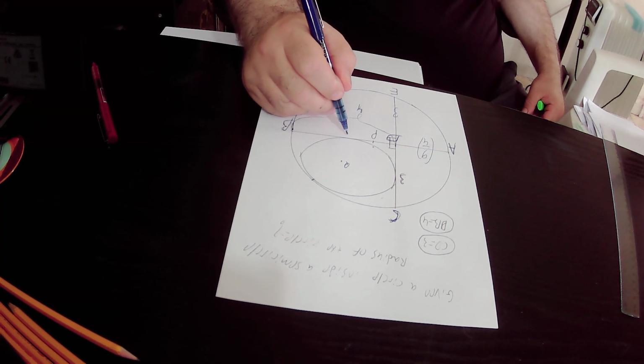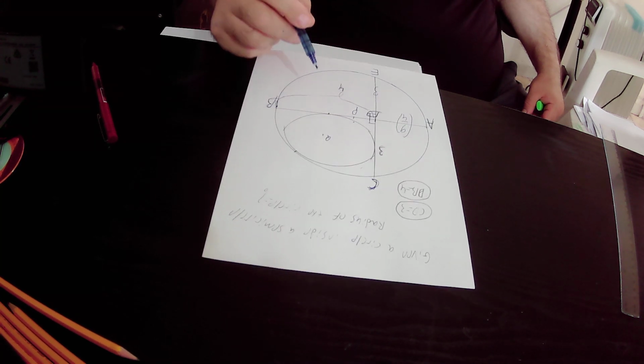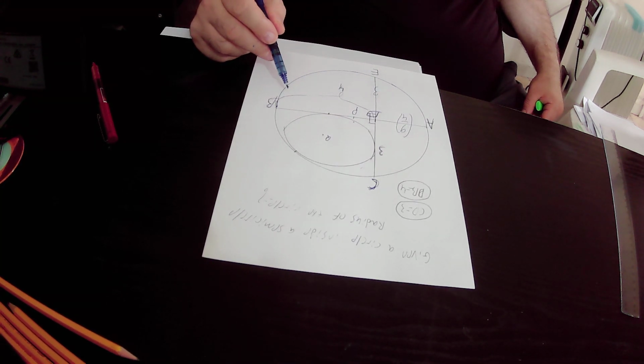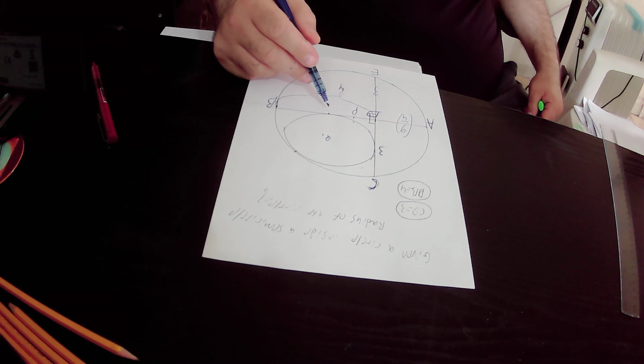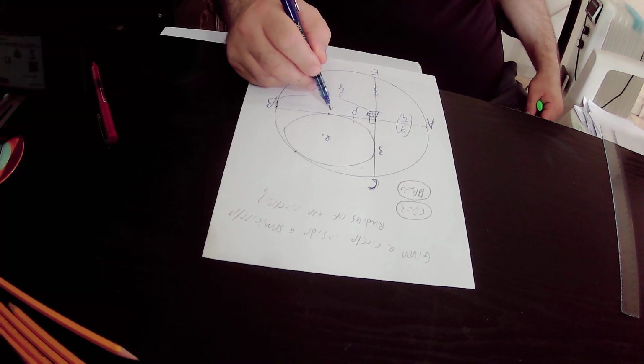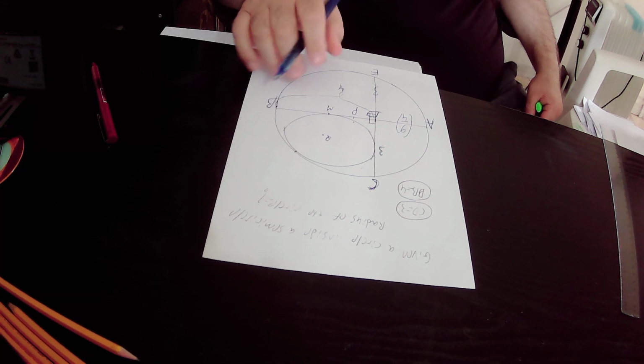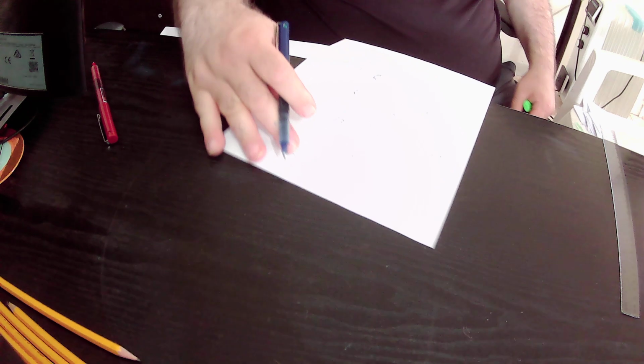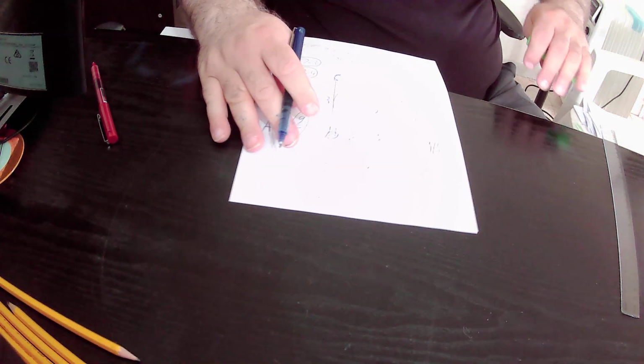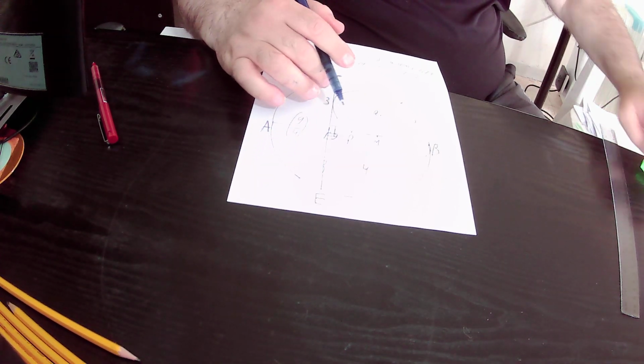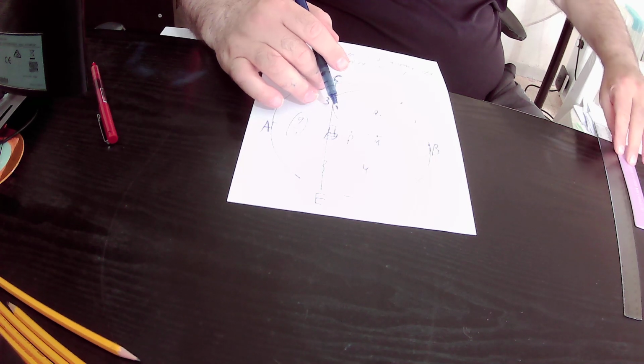Here we will define the point of tangency of line segment DB with this small circle as point M. Point M is the point of tangency, and then from point Q we will draw a radius to the point of tangency, that is to say to point M.